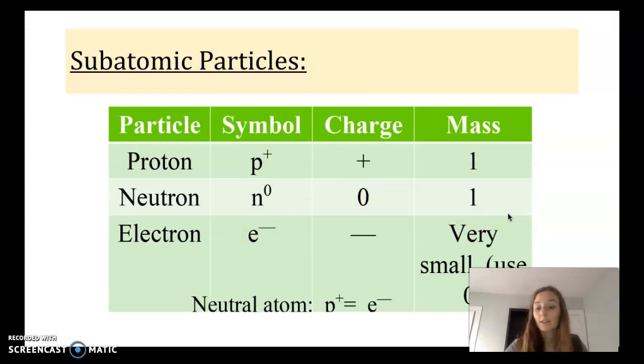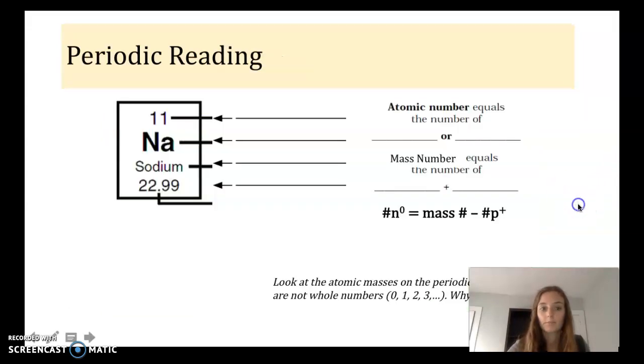Our mass for an atom is the protons and the neutrons, because the electrons have a very, very small mass that is so small we just use 0. The electron symbol is e with a little minus, and the charge is -1. Notice again that a neutral atom will have the same number of protons as electrons because those cancel out.